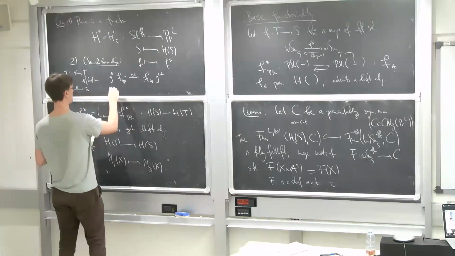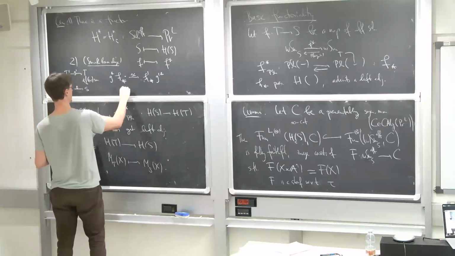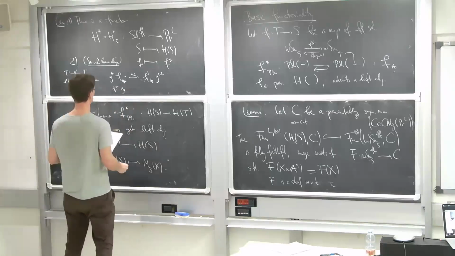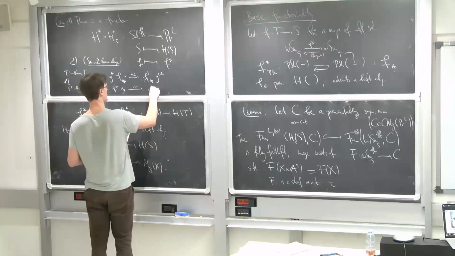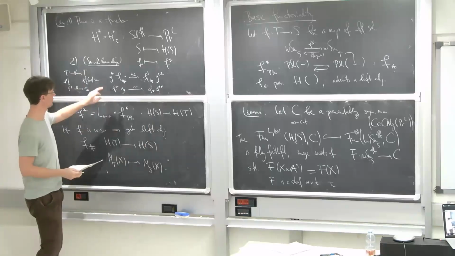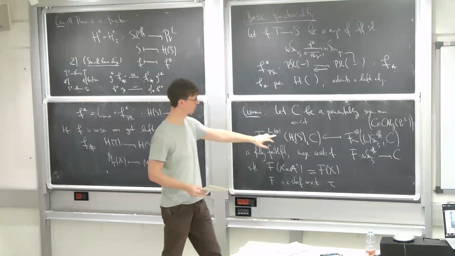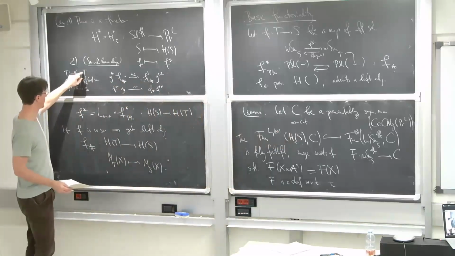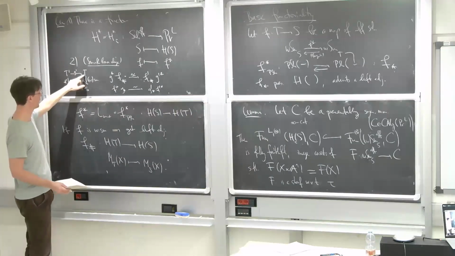And if we want, we can pass to the right adjoints and do it this way. So we can say first do G upper star and then F star, or again the other way around, G upper star F star. So this is a formal consequence of that, and that comes out of this universal property. So you have two functors out of the H of here into the H of there. Let's try and check they are isomorphic.